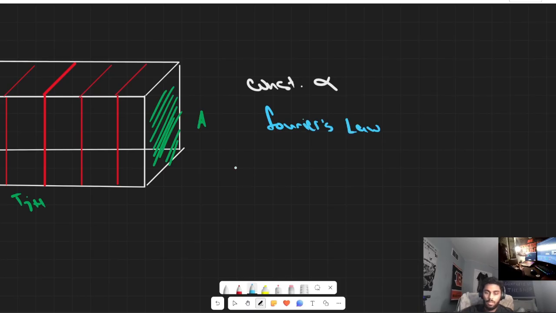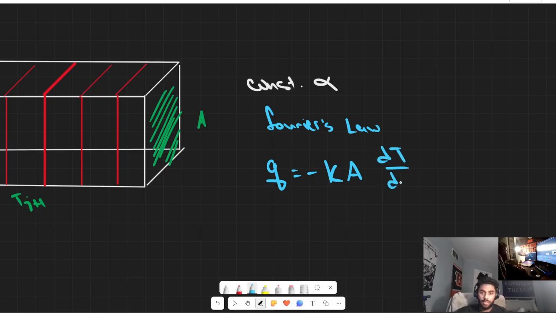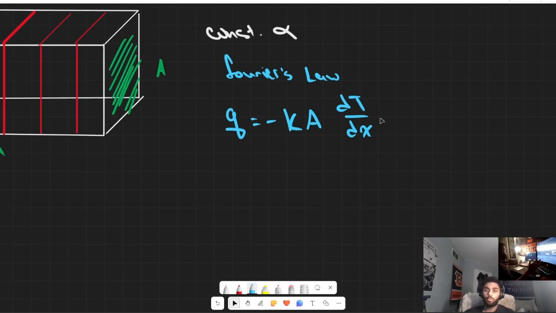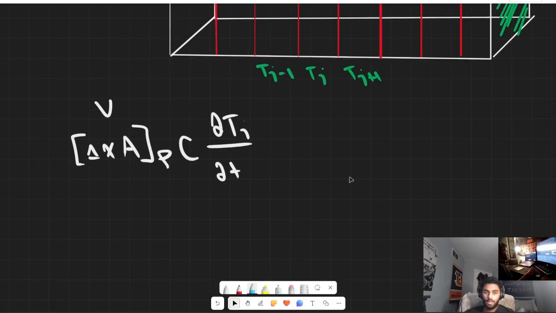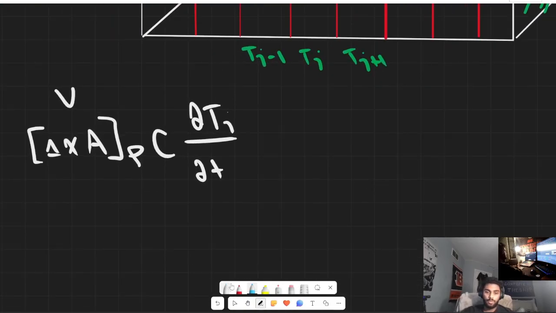Fourier's law, which states that this heat rate is equal to minus K, the thermal conductivity, A, which is the cross-sectional heat transfer area, dT dx, this temperature over a differential width. So the length over which you are concerned about this heat transfer. And that will fit in very nicely with the rest of our energy balance here.